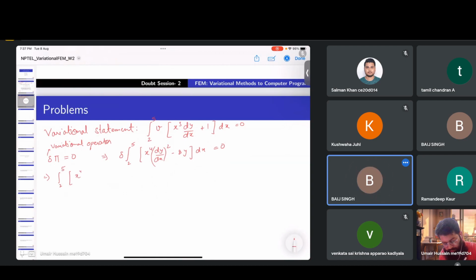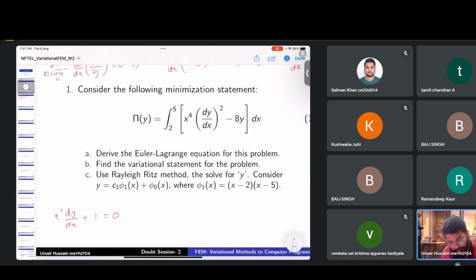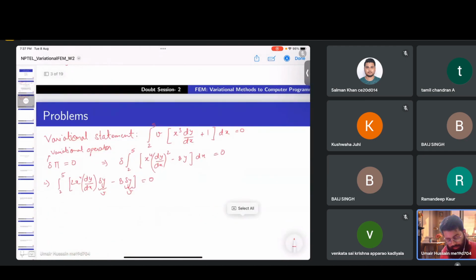So it's like 2 dy by dx into delta y minus 8 delta y. I don't think this is exactly what we got above. This can be written as v. I don't know if we're missing something here. Anyway, that's fine, we got the basic statement above. Just trying to experiment if this would work here.